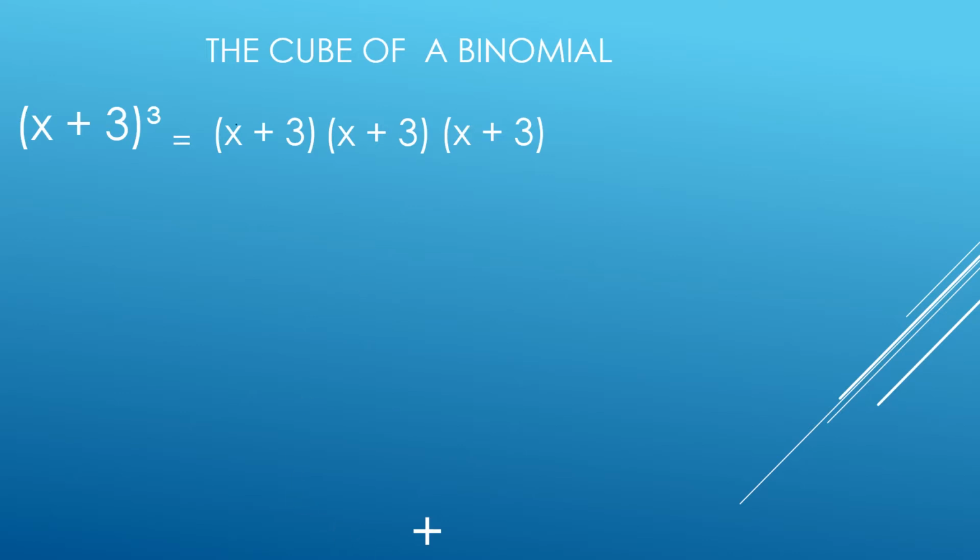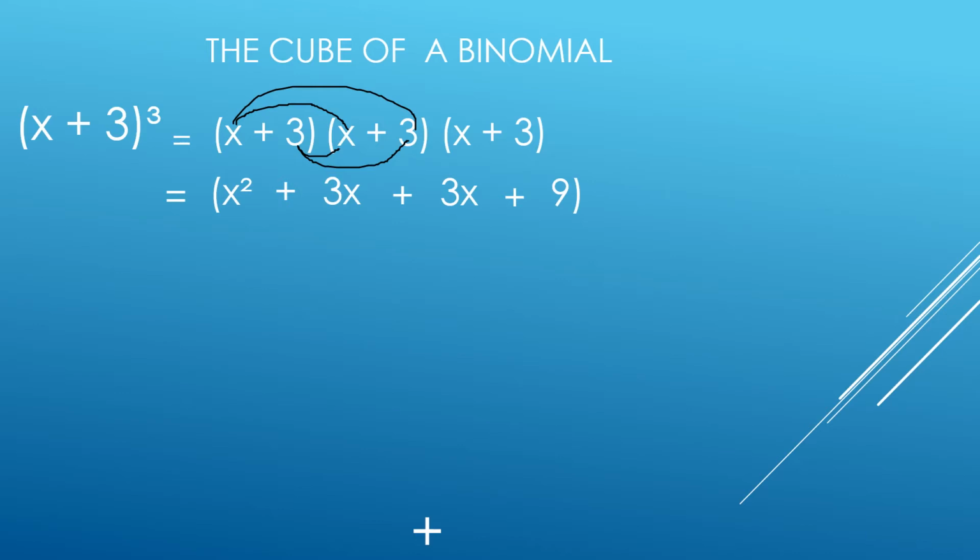So what we're going to do is multiply first the two binomials. That is x times x, which is equal to x squared. And then x times 3, that is plus 3x. And then 3 times x, that is also 3x. And then 3 times 3, that is equal to 9.